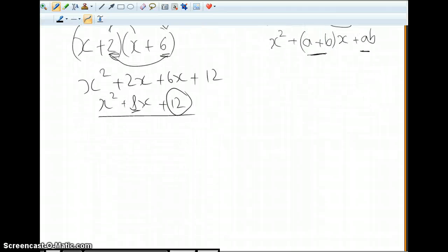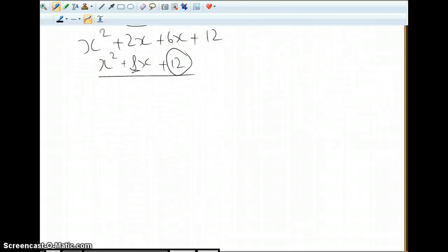So using that new information, we should therefore be able to factorize. Now, factorize just means what? Break into its factors. Kind of. Break into its factors, but it really means put into brackets.